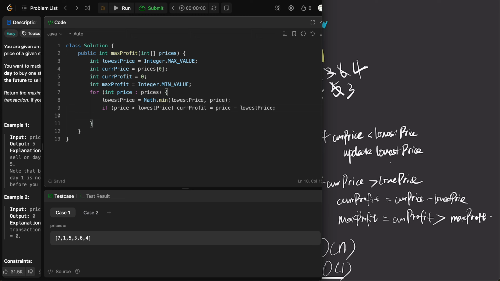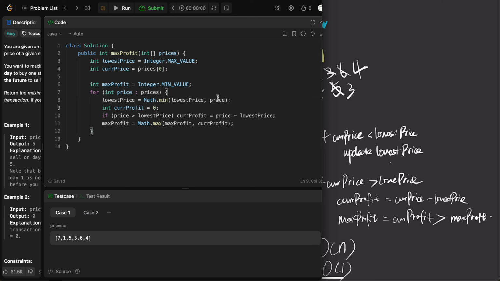And after this, we update our maximum profit compared to current profit, right? If the current profit is always at least 0, we don't have to worry about that. Or we can just initialize this here, because if we don't earn any profit, just make it 0.